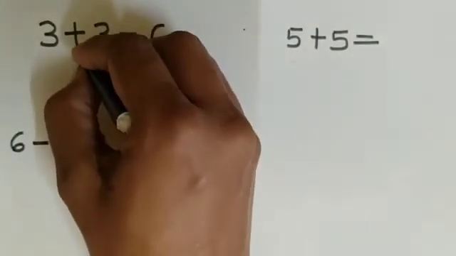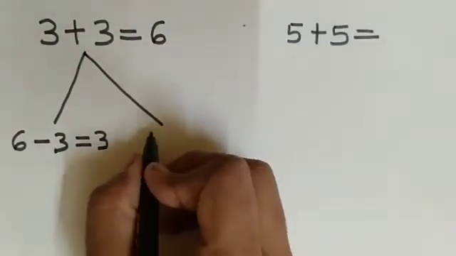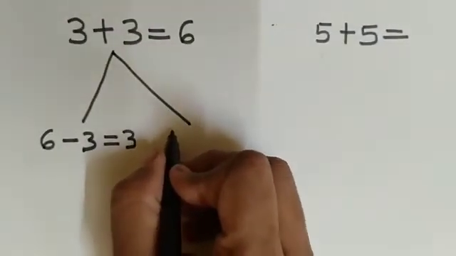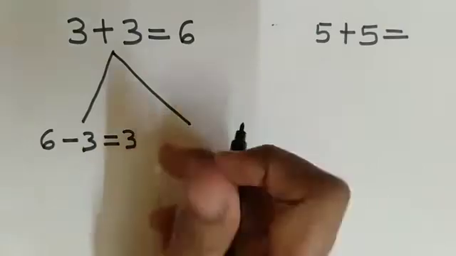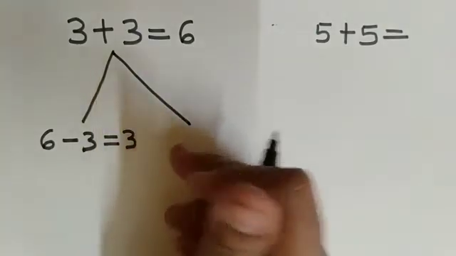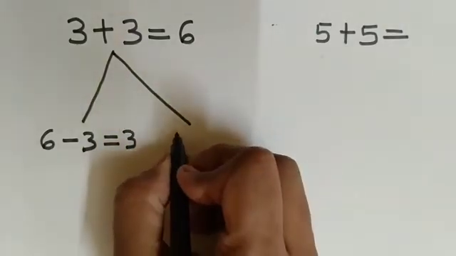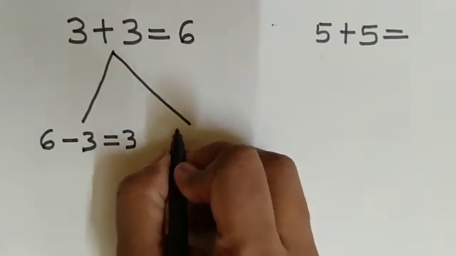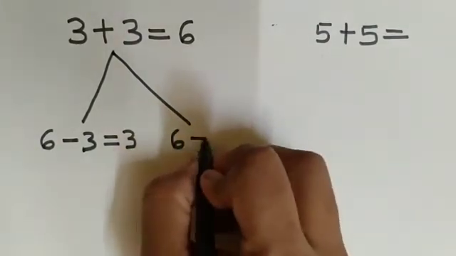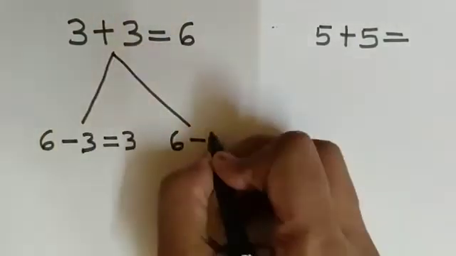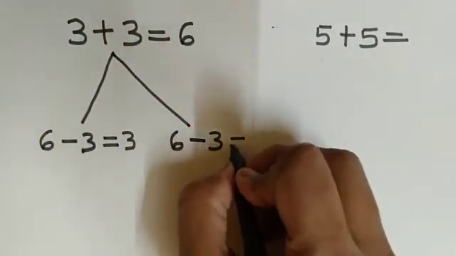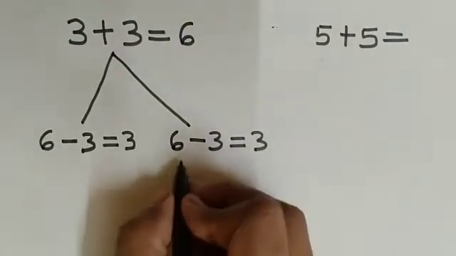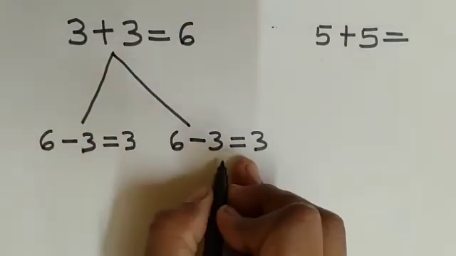But children, when you are taking out the other example of subtraction, what will you get, children? Same equation, 6 minus 3 is 3. The other number is also 3. So here also you got the same equation.